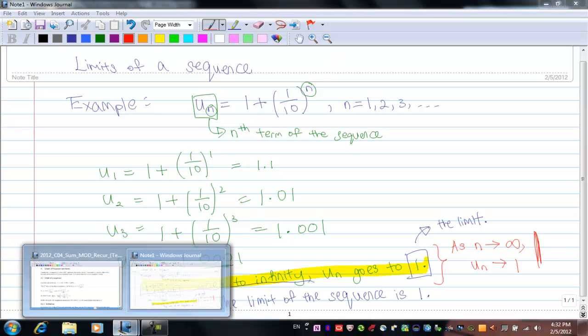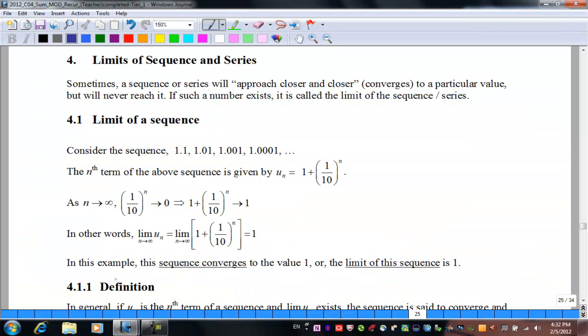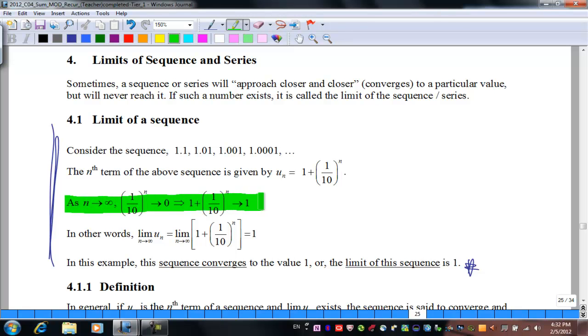Now with this, please turn back to your lecture notes, section 4. What I've done is I've actually covered this part, 4.1, up until this point, except for one small thing to bring out. Now, this is what I went through just now, the fact that un goes to 1. So, the other way we write in mathematical notation is this way.